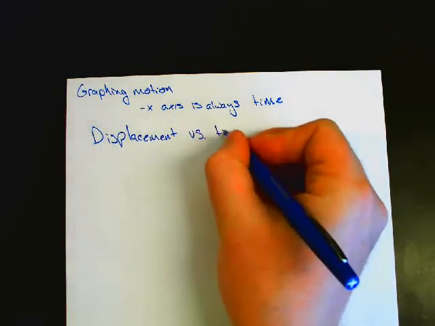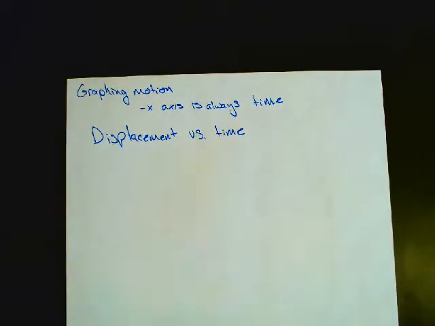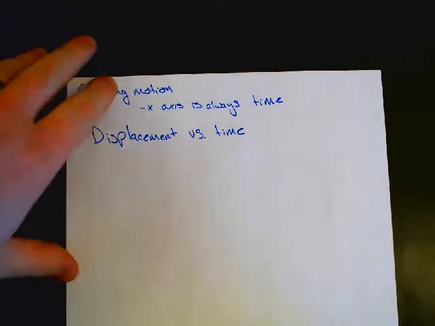When we're talking about displacement versus time graph, it's very important to recognize this is displacement, not distance. Why is that going to be significant? Negative values. Excellent.